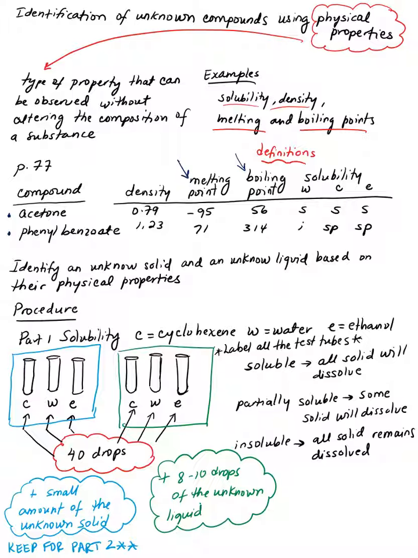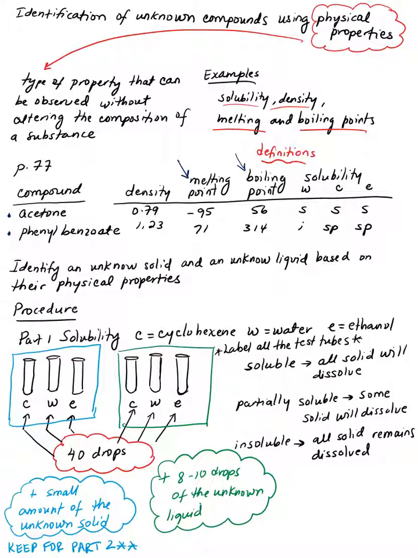Look, if your solid dissolves entirely, it means that it's soluble. You have to make sure that you know how much solid you're adding. If something is partially soluble, you will see that part of that initial amount of solid that you added will dissolve, but not all of it.